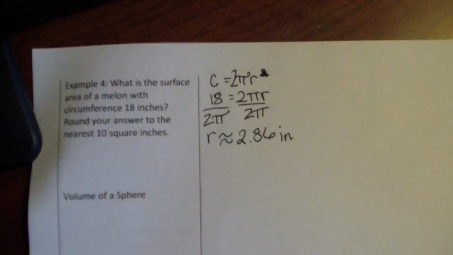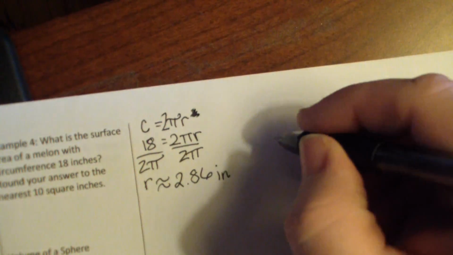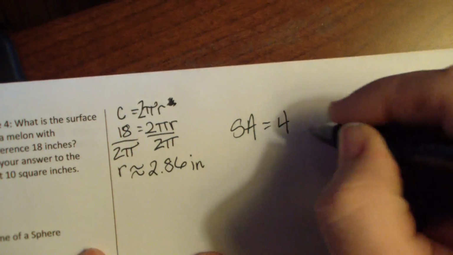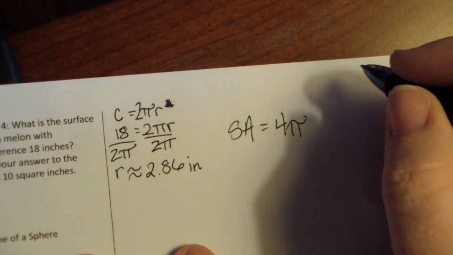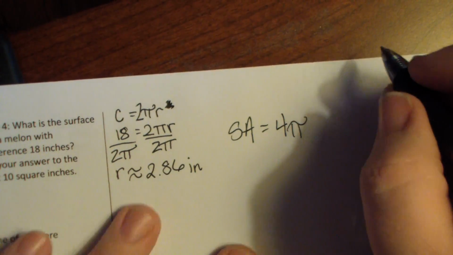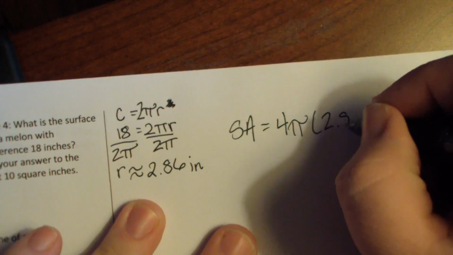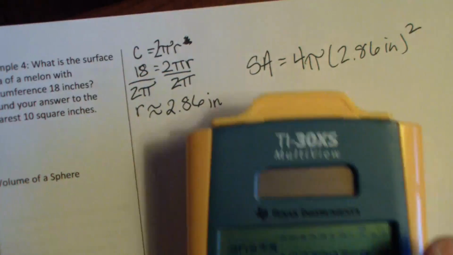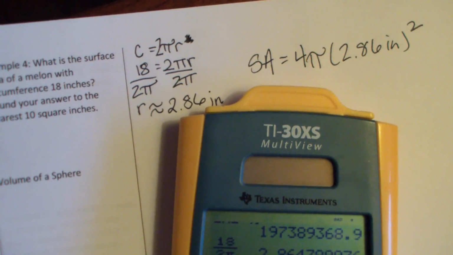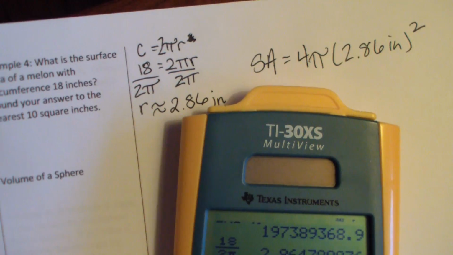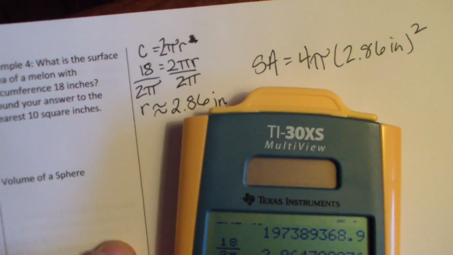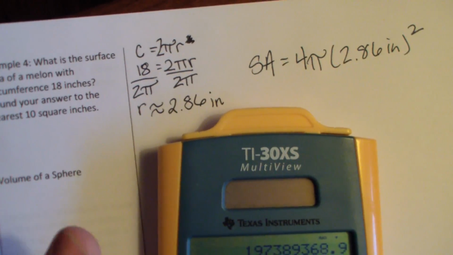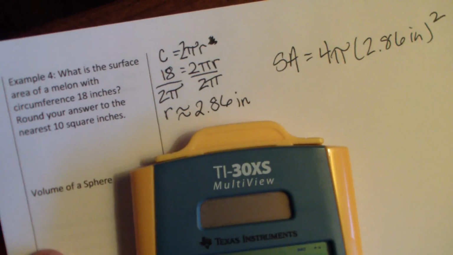All right, so now we're going to plug that into our formula for surface area, 4 pi r squared, where r is 2.86 inches. So 4 times pi times 2.86 squared.